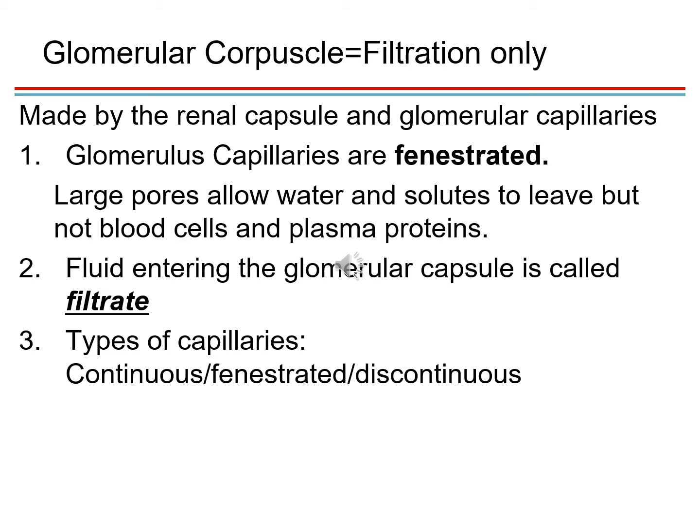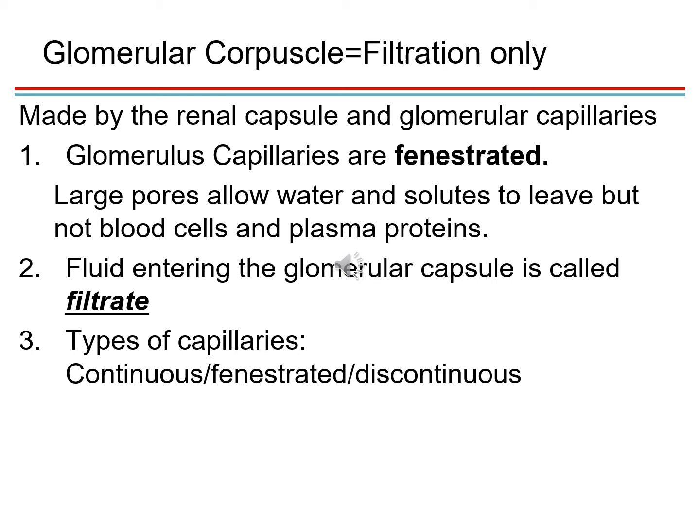Now, these glomerulus capillaries are special capillaries called fenestrated. If you remember the three types of capillaries, continuous, fenestrated, or discontinuous, the difference between them is the gap in between the simple squamous epithelial cells. In other words, how big this gap is determines the type of capillary. In the case of the glomerulus, they are fenestrated.